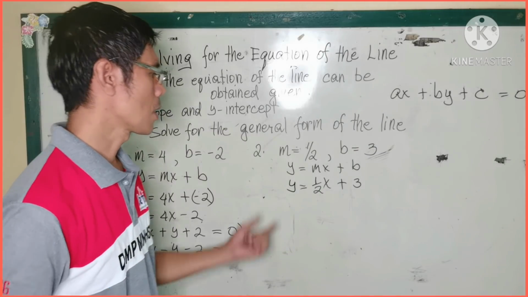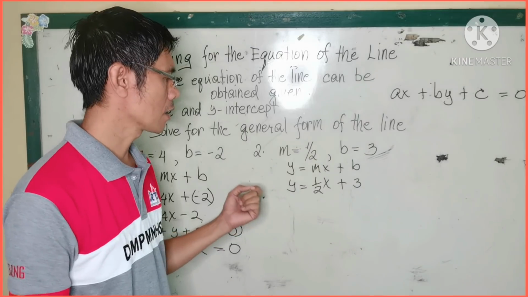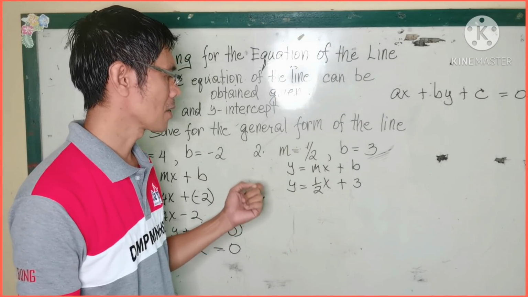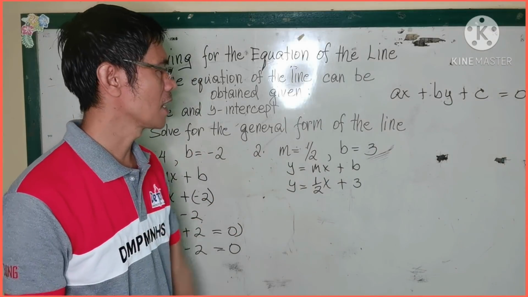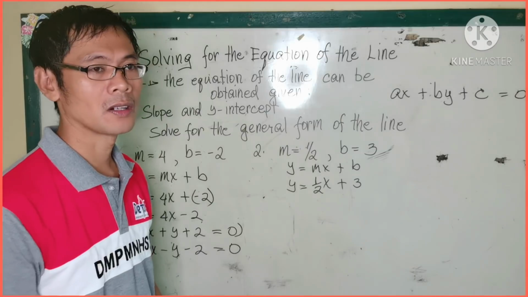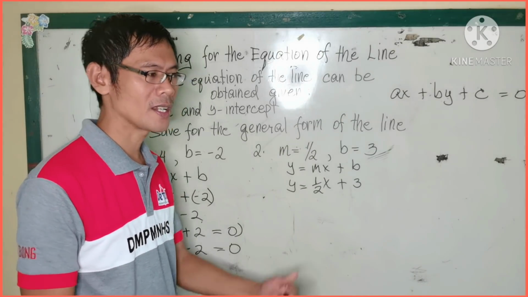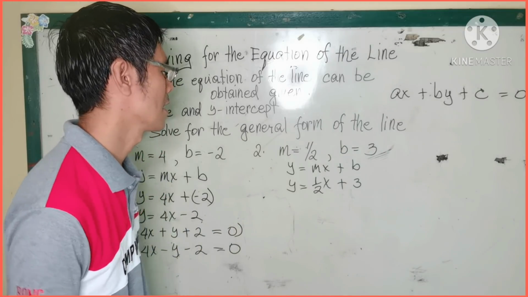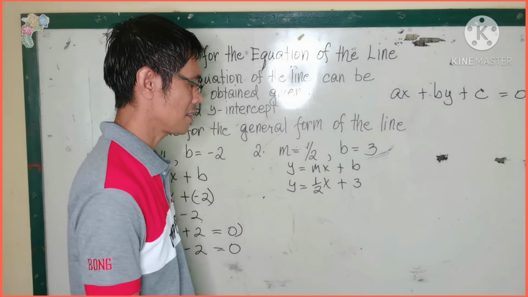Here we should always remember that we are going to express our equation of the line in terms of integral factors or integral coefficients. Look, this 1/2 is not an integer.